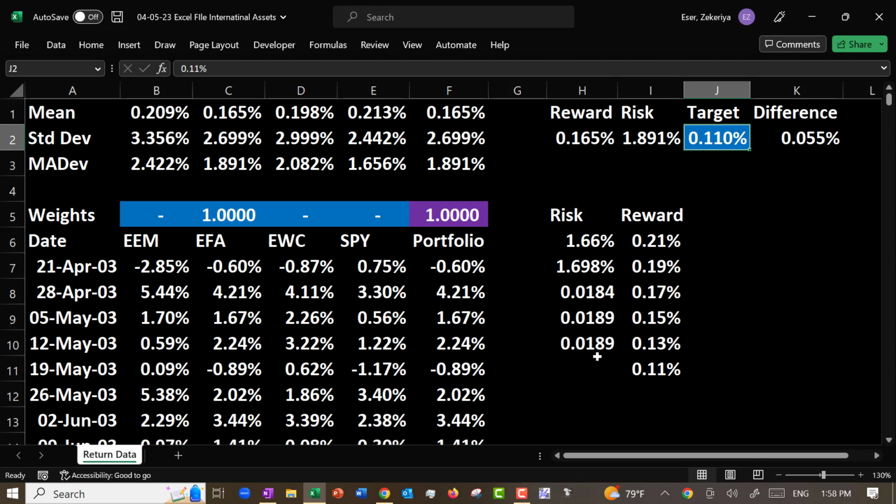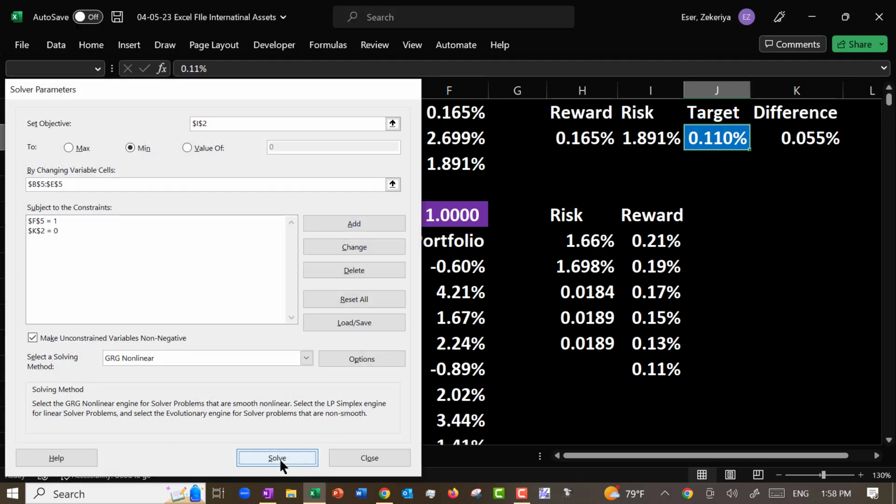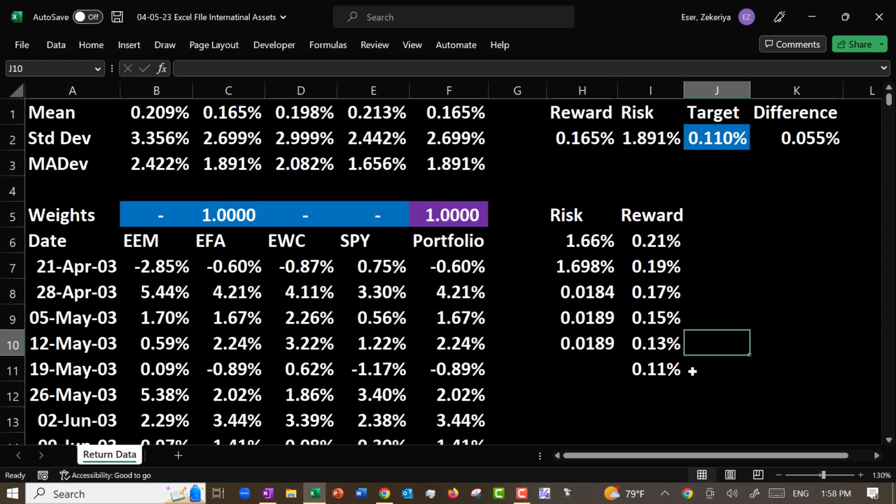Let me do it again. Oh, it says it could not find a feasible solution. Okay. Oh yeah, it can't go below that.